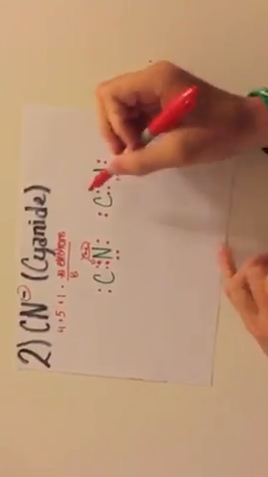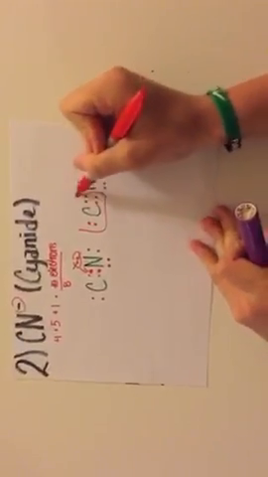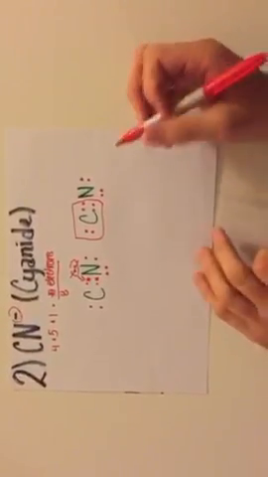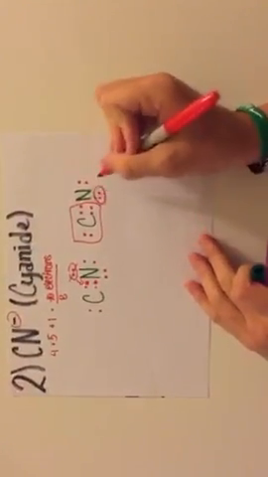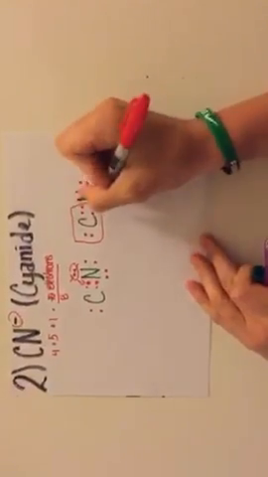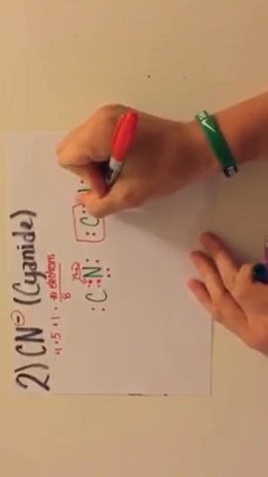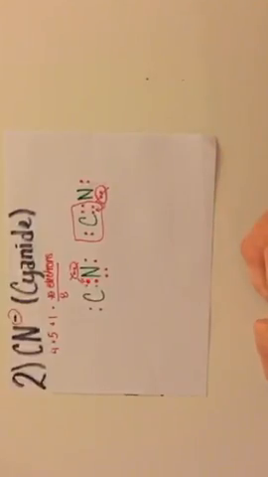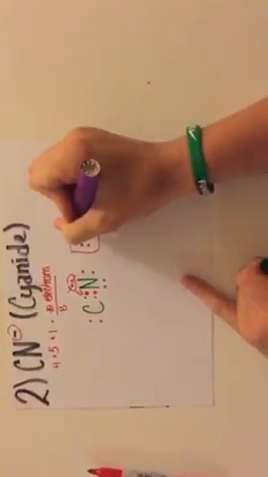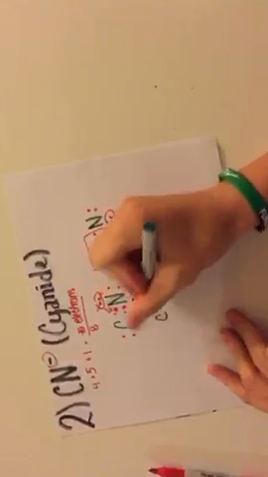But carbon still only has 8. So we have to take another set of these electrons here and add them to the carbon, so that'll be written in there. So that is our final structure.